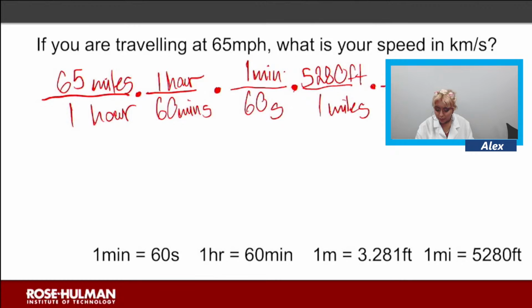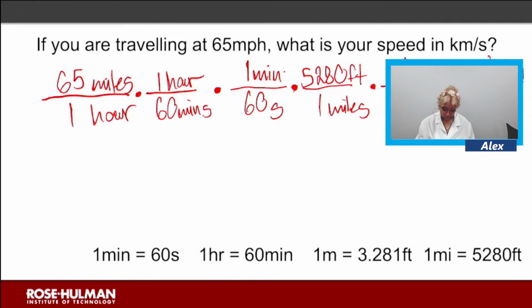Now we want to get rid of our feet, so 3.281 feet is equal to 1 meter. And we're still not done yet because right now we have meters per second if we were to complete this calculation, but we want our final answer to be in kilometers per second. So put meters down here, kilometers up here. 1 kilometer is equal to 1,000 meters.